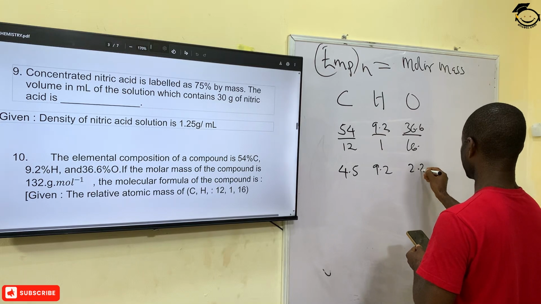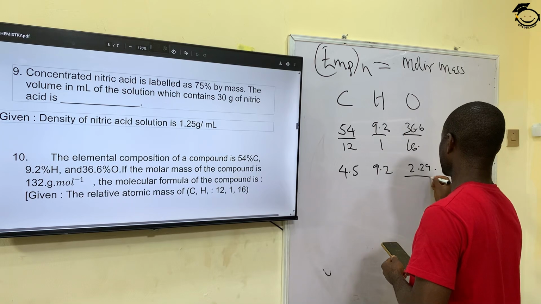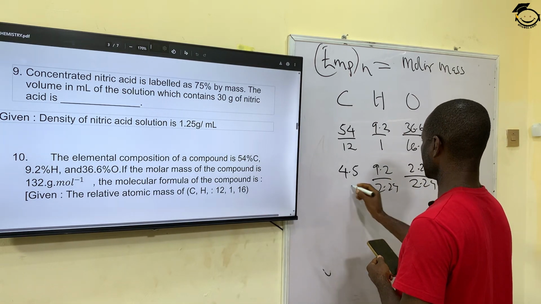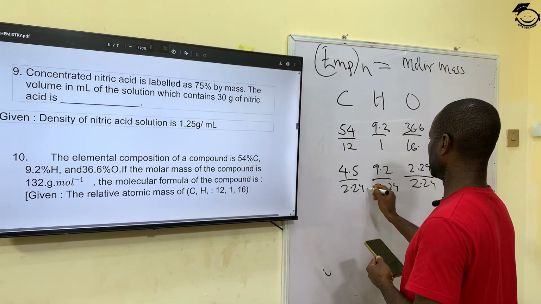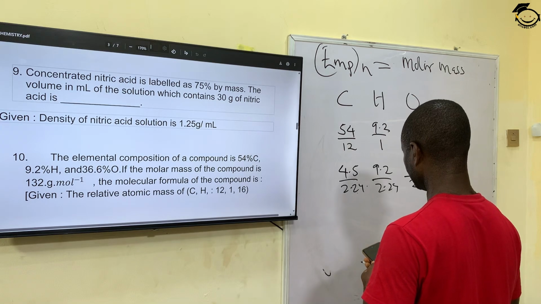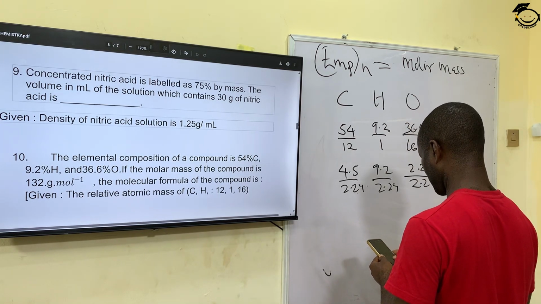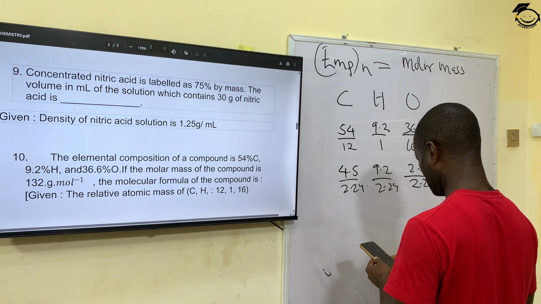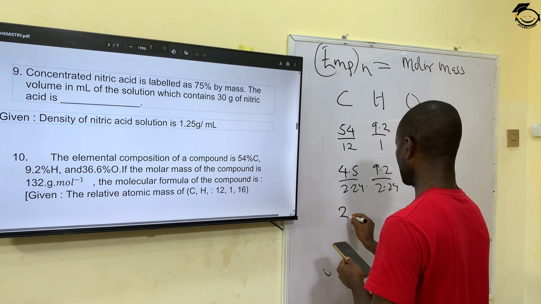Now, divide all by the smallest value, 2.29. In this case, we have 4.5 divided by 2.29, which is 1.9, approximately 2.